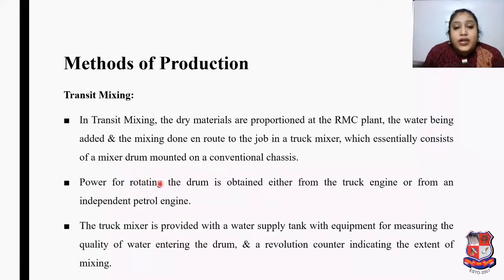Power for rotating the drum is obtained either from the truck engine or from an independent petrol engine. The truck mixer is provided with a water supply tank with equipment for measuring the quantity of water entering the drum and a revolution counter indicating the extent of mixing.